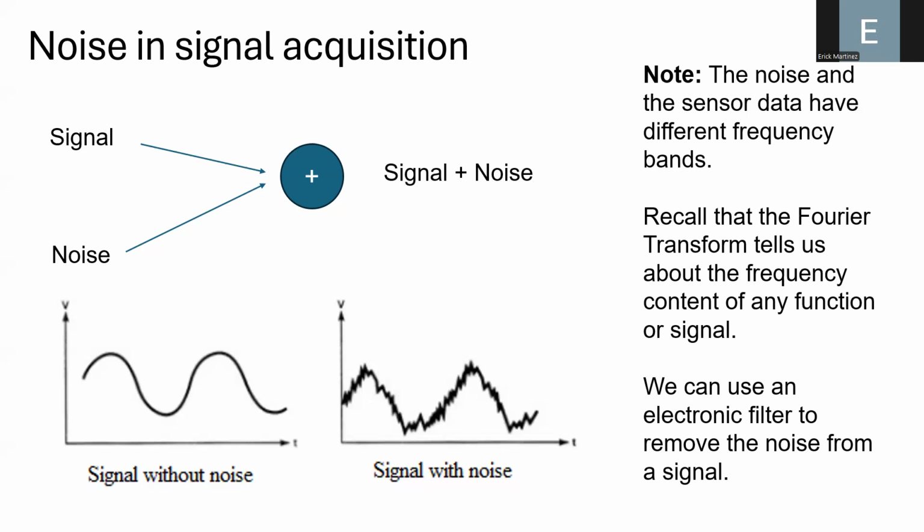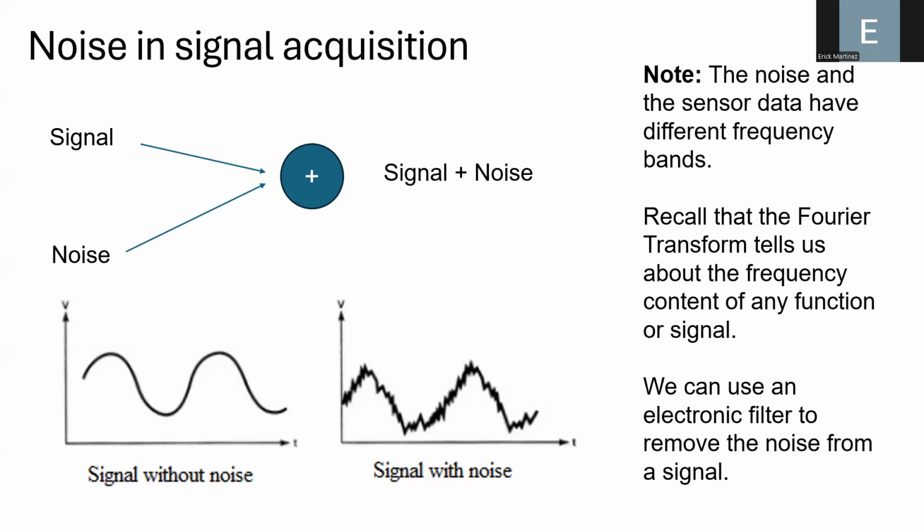Based on the amplitude of that frequency spectrum, you can determine in which frequency bands the signal is contained and which frequency bands contain noise, okay? And that is useful because if you know in which frequency bands you have the noise, you can filter the noise according to the frequency domain, okay?